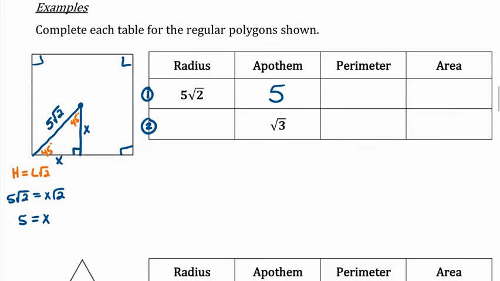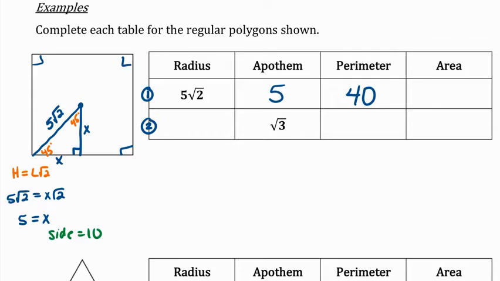If x is 5, then what is the length of a side of the square? If this x value is 5, then what's the whole side? 10, right? So then a side would equal 10. So then our perimeter, there's 4 sides, so 10 times 4 is 40.